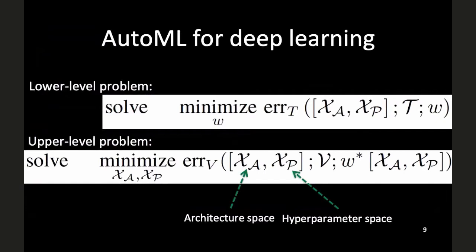So the upper level problem is we are working one level above optimizing the neural net for training, or minimizing the training loss. At the upper level, we are looking at, okay, here is an architecture space, and here is a hyperparameter space, and we sample from this and then go on and train for this particular architecture. What is the loss? Okay.